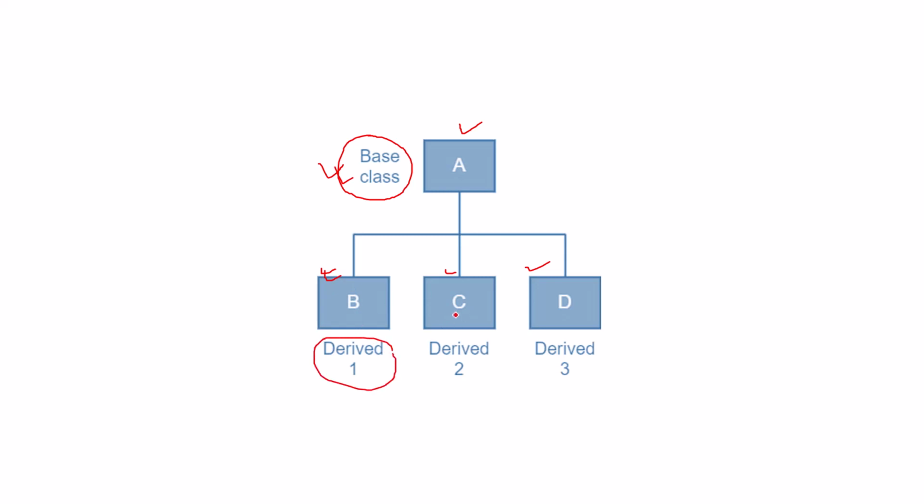Again we create another class C, derived from class A, and again a class D, which is also derived from class A. This kind of structure of the code is called hierarchical inheritance.